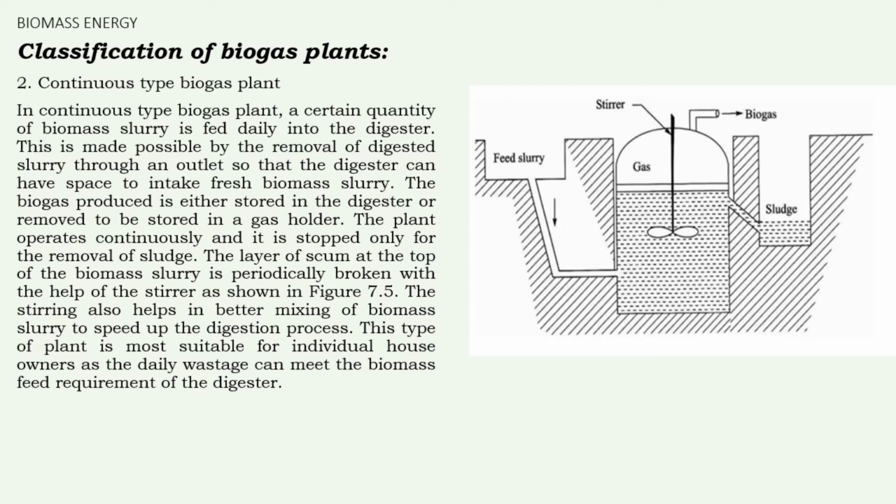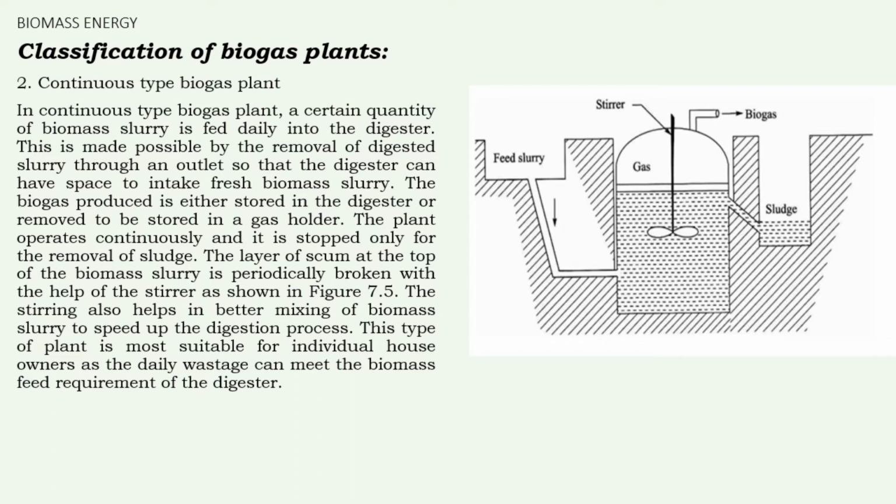The biogas produced is either stored in the digester or removed to be stored in a gas holder. The plant operates continuously, and it is stopped only for the removal of sludge. The layer of scum at the top of the biomass slurry is periodically broken with the help of a stirrer. The stirring also helps in better mixing of the biomass.